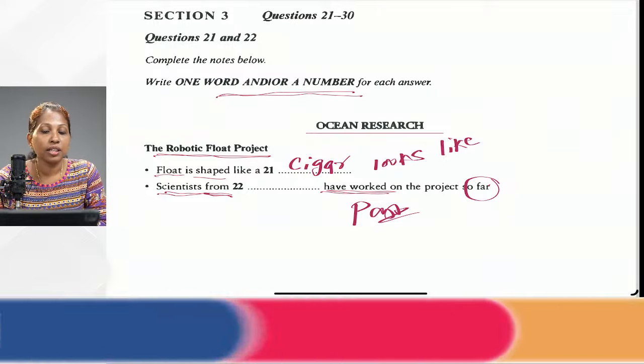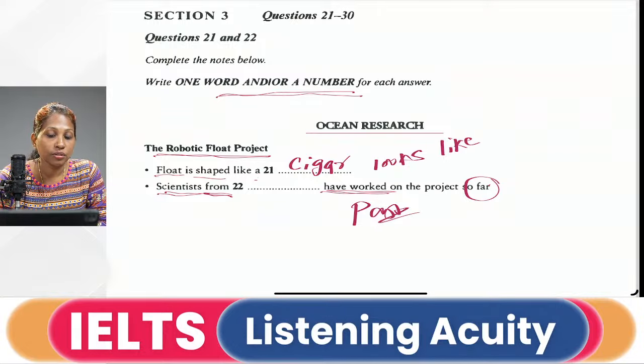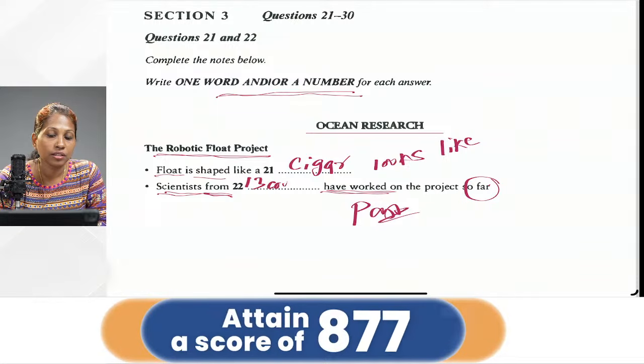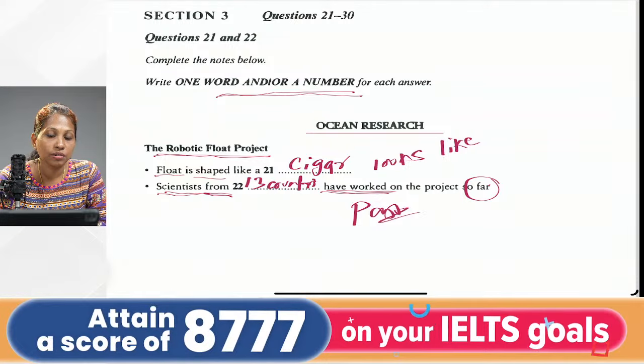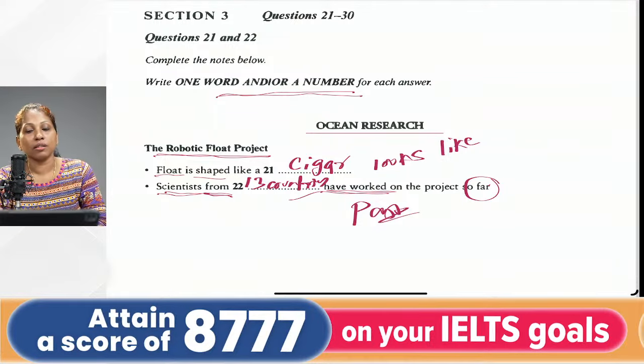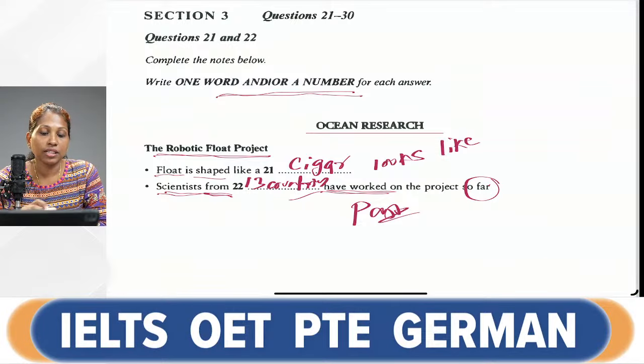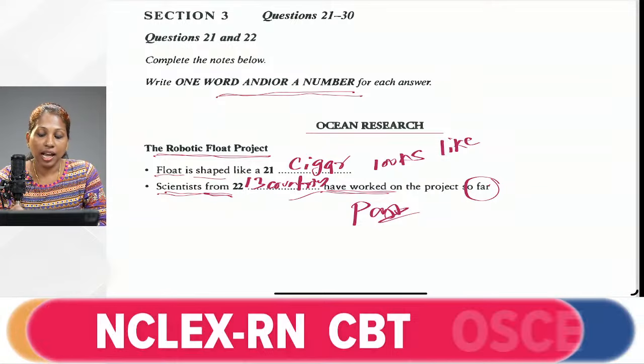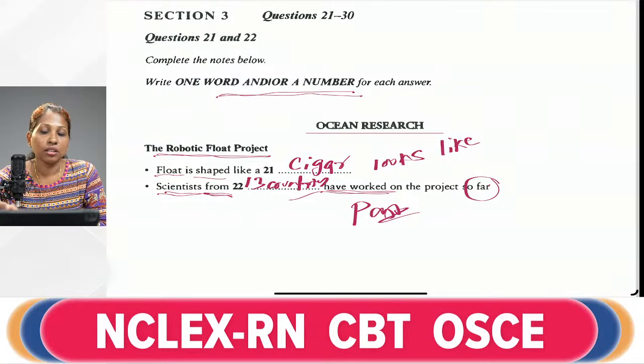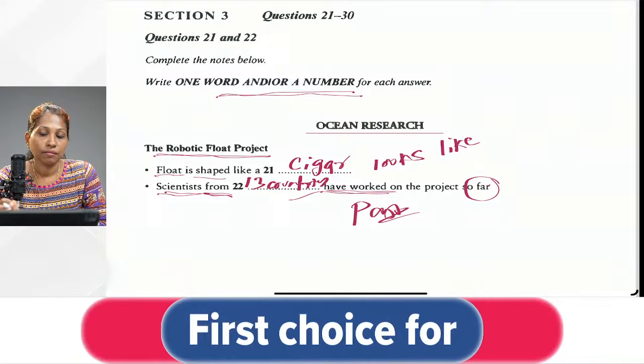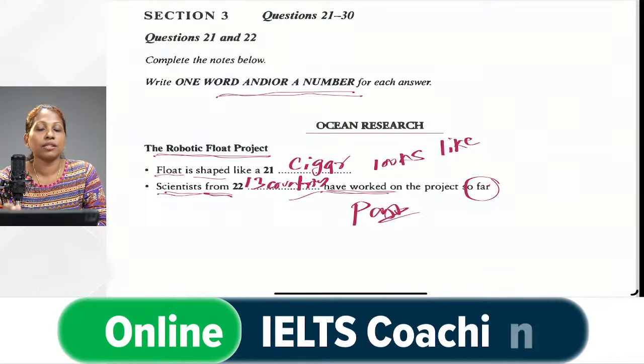Your answer will be scientists from 13 countries. This is how you will write your answer for the second blank.